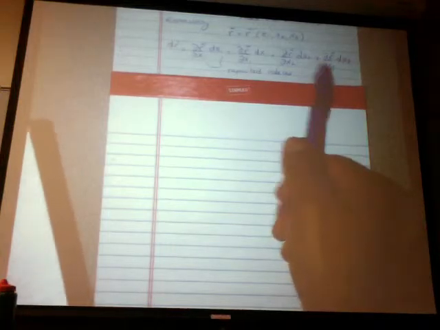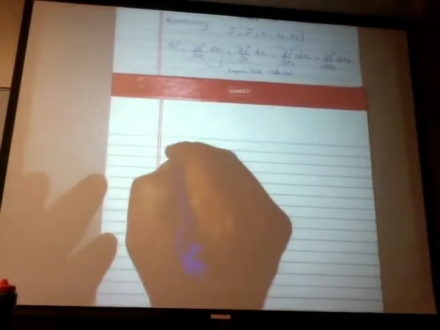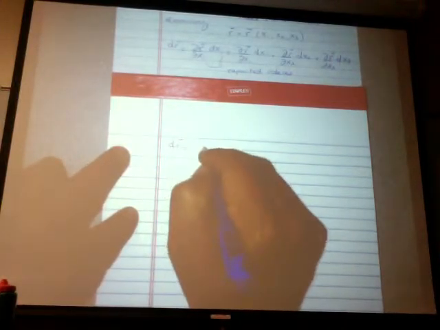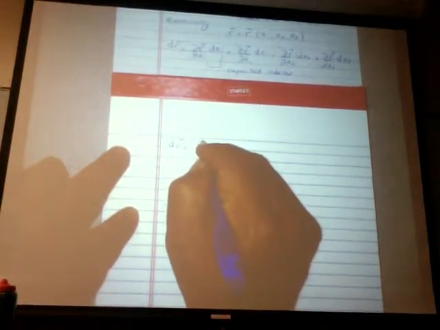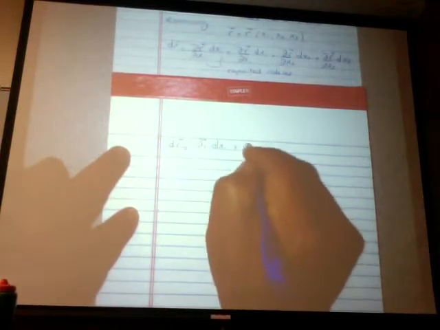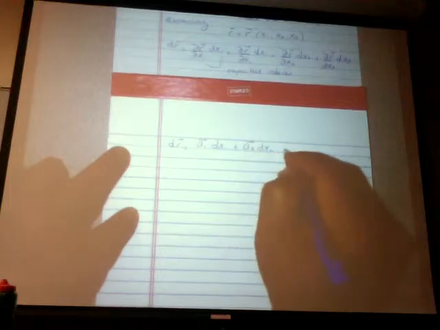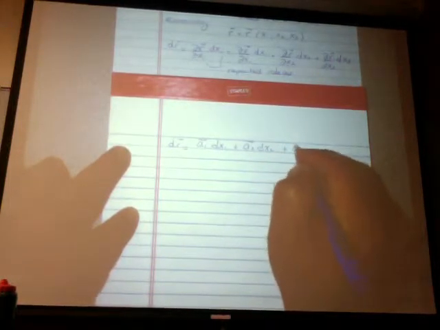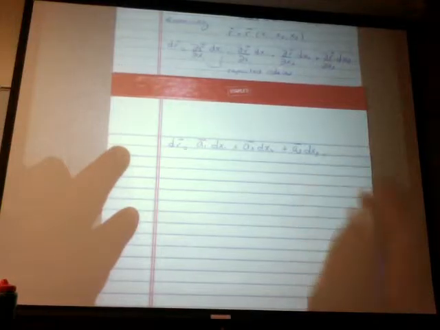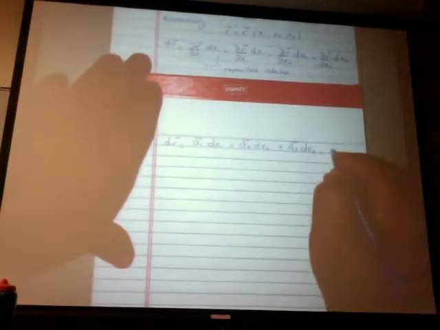So dr then can be expressed as A1 times dx1 plus A2 times dx2 plus A3 times dx3, which could be expressed in indicial notation as Ai dxi.